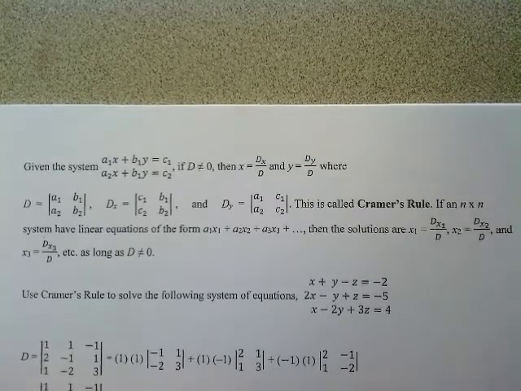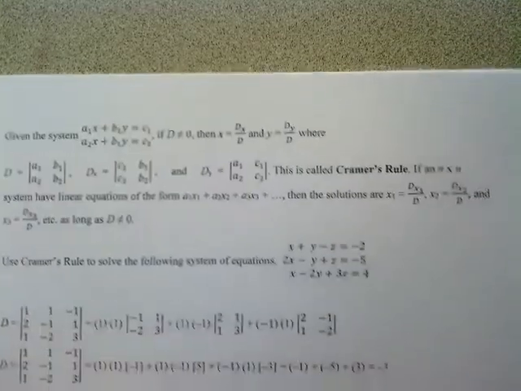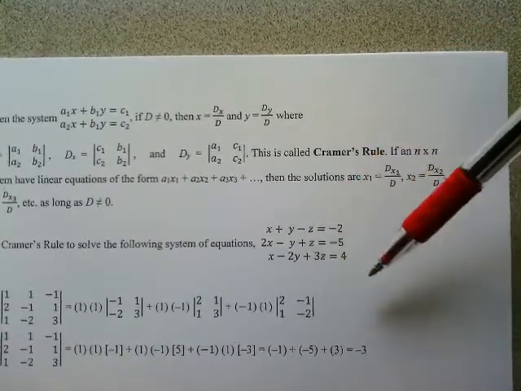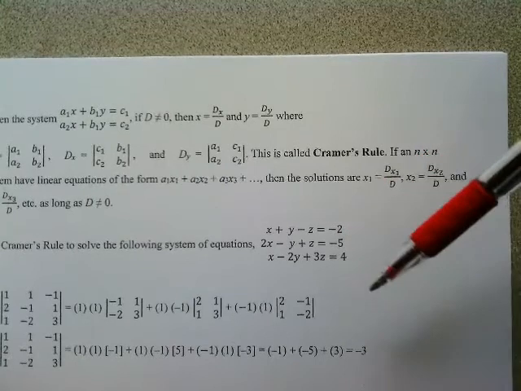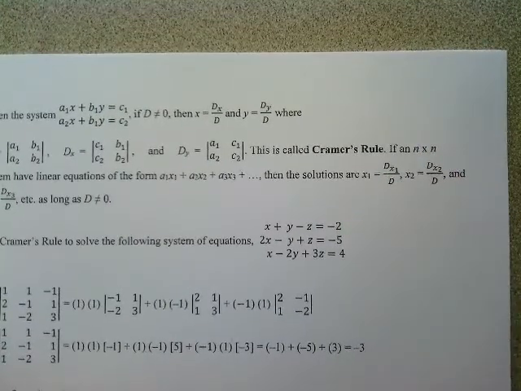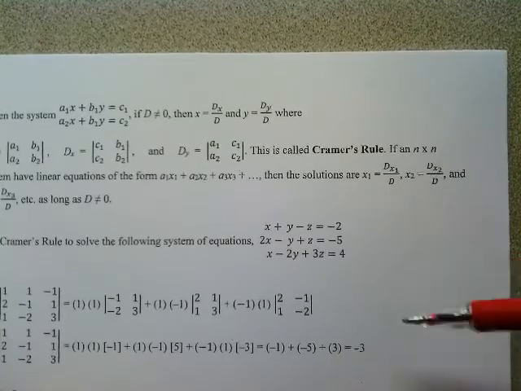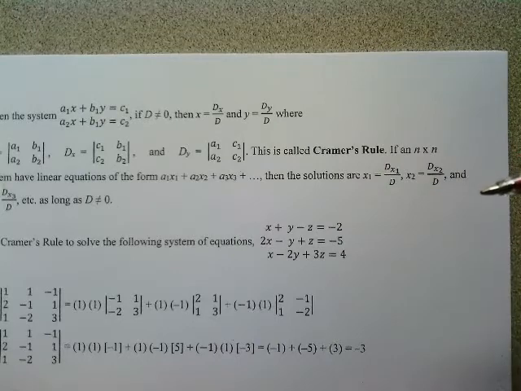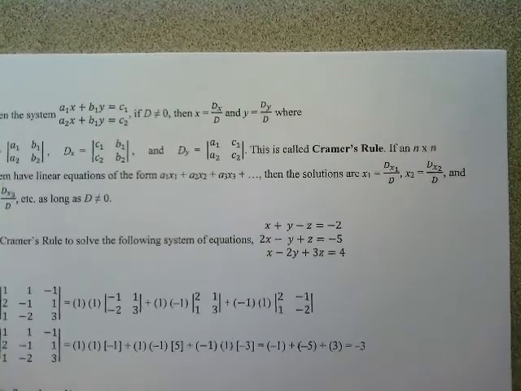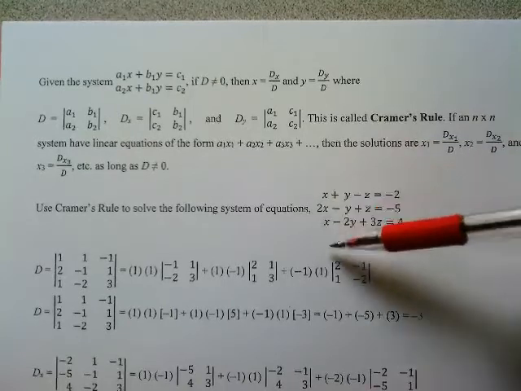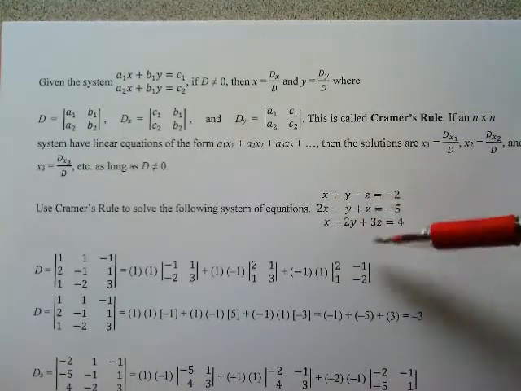It can also be done for three-variable systems, in other words, 3 equations and 3 unknowns. The main difference there, of course, is it's just a lot more work, but it's the same idea. So if we were to solve this 3 by 3 here, first we're going to find the d. So that'll be made up of the coefficients that are in front of the x's, y's, and z's.